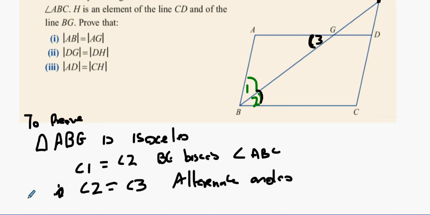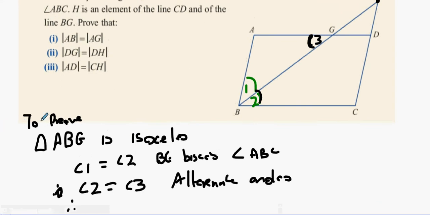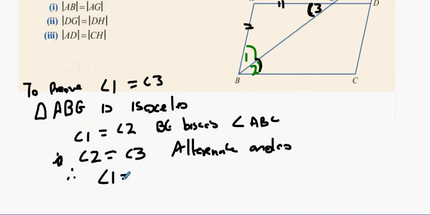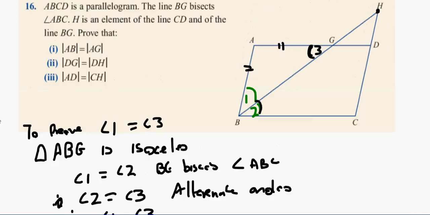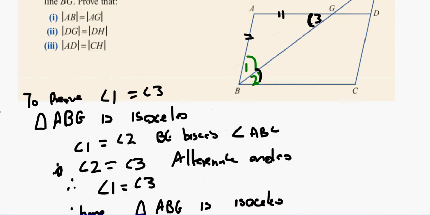It follows that I want to prove angle 1 equals angle 3, and that would prove that the triangle is isosceles. So I'm about to do that now. Therefore angle 1 equals angle 3. Therefore, or hence, triangle ABG is isosceles, and hence AB equals AG.